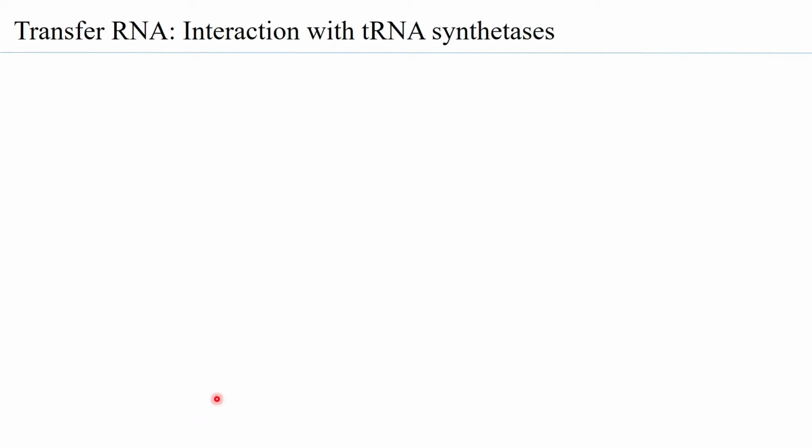Now let us look at the transfer RNA making interactions with the tRNA synthetases. So we all know that the tRNA is charged by specific enzymes called amino-acyl tRNA synthetases, and every tRNA has its own specific amino-acyl tRNA synthetase.